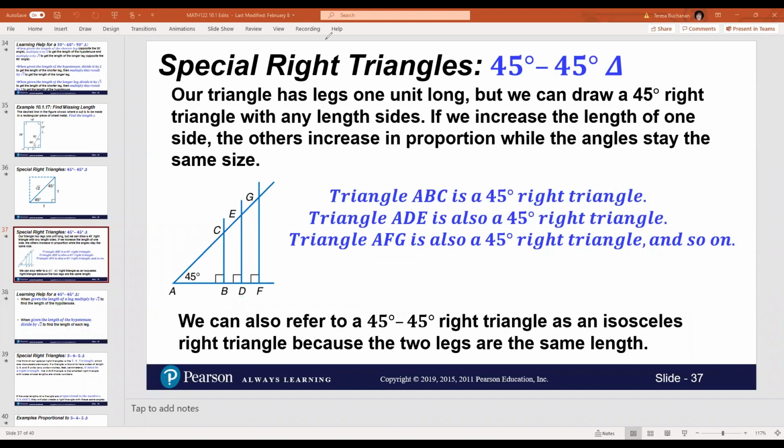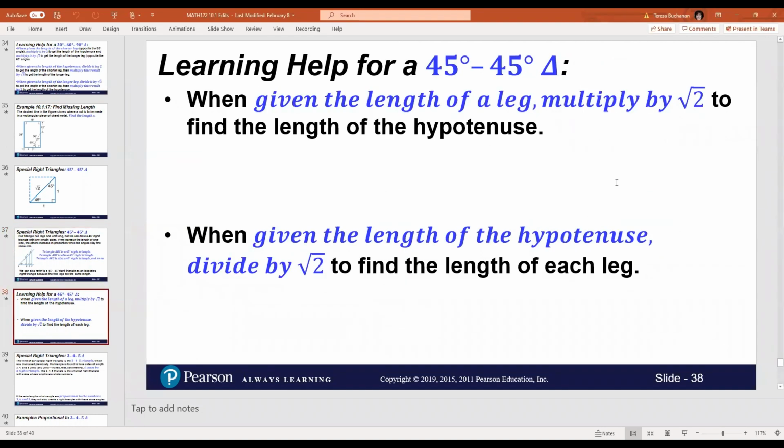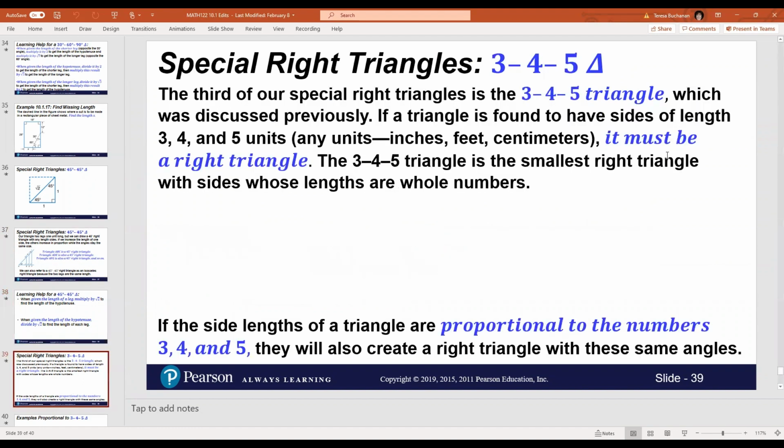They're all 45, 45, 90 right triangles. If we increase the length of one side, the other sides increase in proportion while the angles stay the same. And the interesting thing about that is it turns out that there's sort of a family of these, which really we get down here.